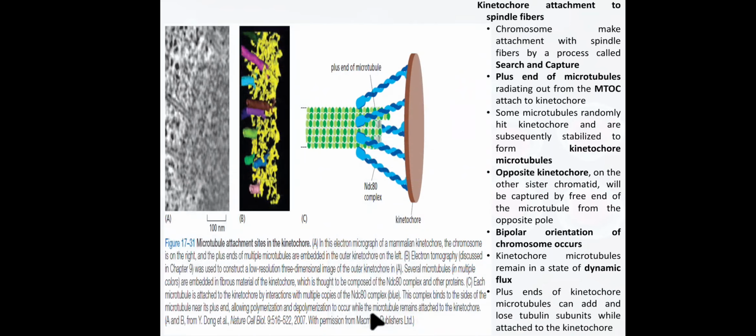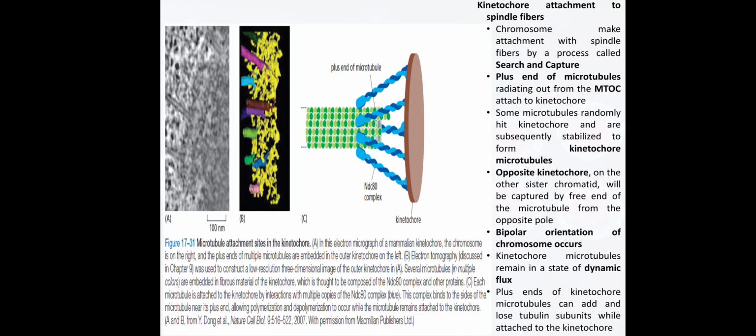So how does the kinetochore become attached to the spindle fibers? It is through a process called search and capture, in which the plus ends of some of the microtubules radiate outward from the MTOC and attach to the kinetochore. Some microtubules randomly hit a kinetochore and are subsequently stabilized to form kinetochore microtubules.